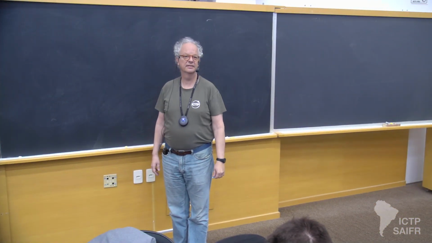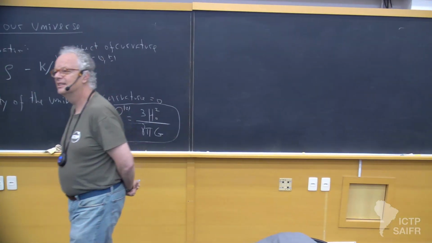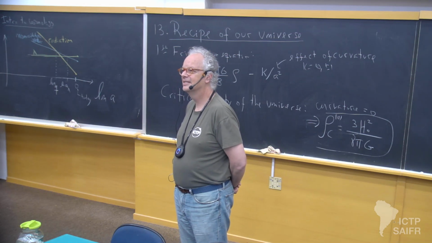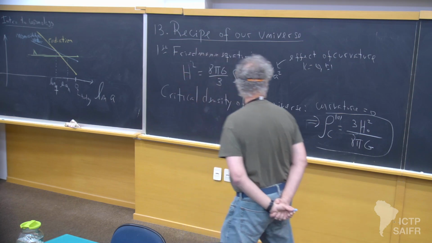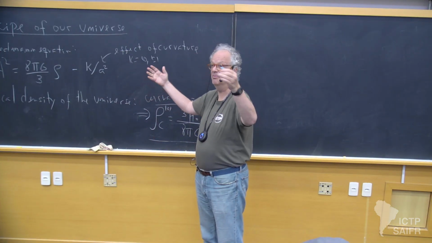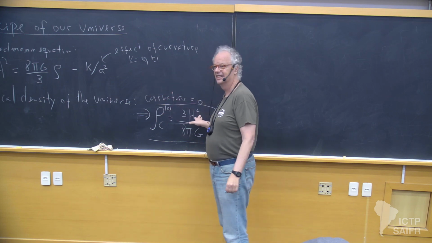Any other question? Yes. Well, if you can observe the average quantity of matter in the universe and measure it, then it should match. But this is a theoretical thing.